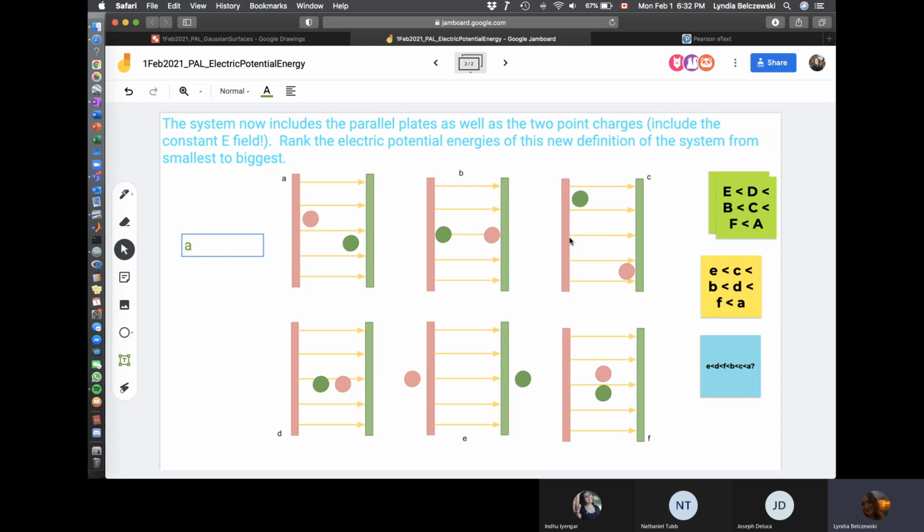But that big separation between these oppositely charged particles would make a significant potential energy for this system. So based on that idea, looking at the distances between the charges, say that the system, I'm doing this kind of backwards in my typing, but C would probably have the second biggest potential energy.